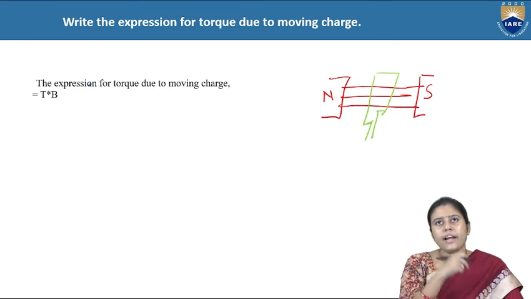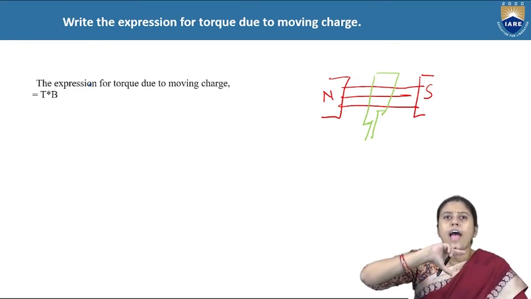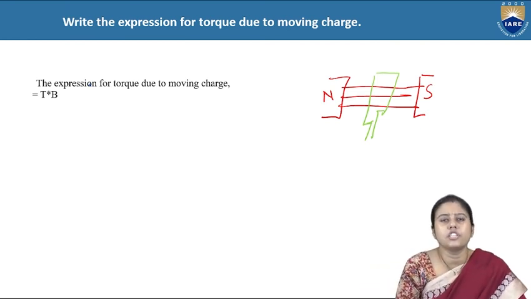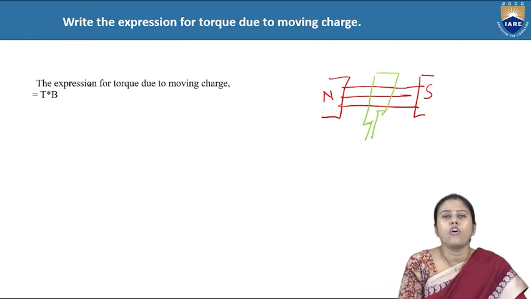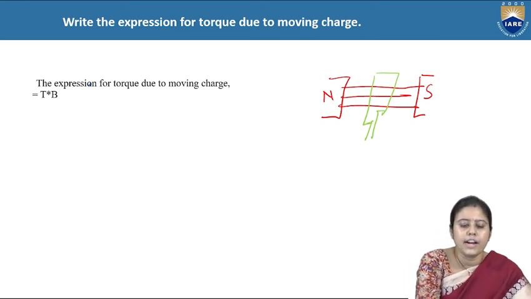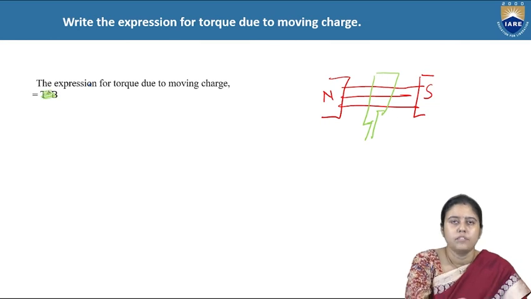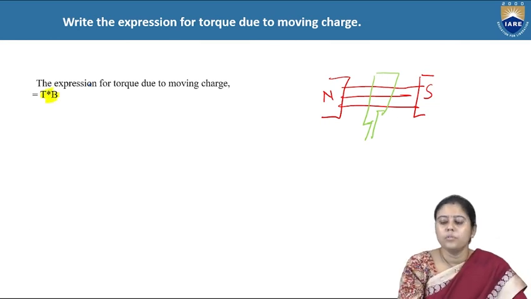Whenever there is a moving charge, there is a current, so it will feel some force. When the force is in the rotational direction, we call it torque. The expression of the torque is T into B.